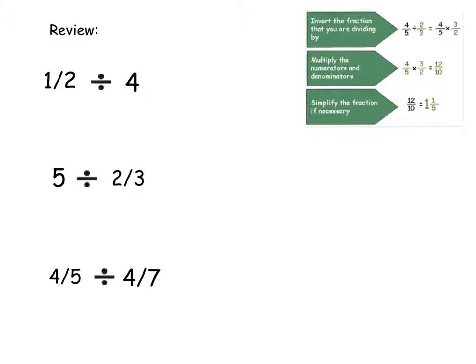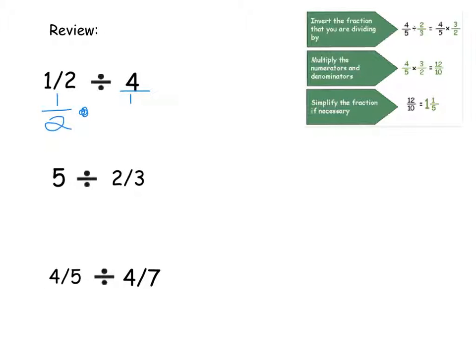So a quick review from the last lesson. To use the algorithm, if you did not want to use a model, you keep the first number, or the dividend, you change the division to multiplication, and you flip the second number, or find the multiplicative inverse.